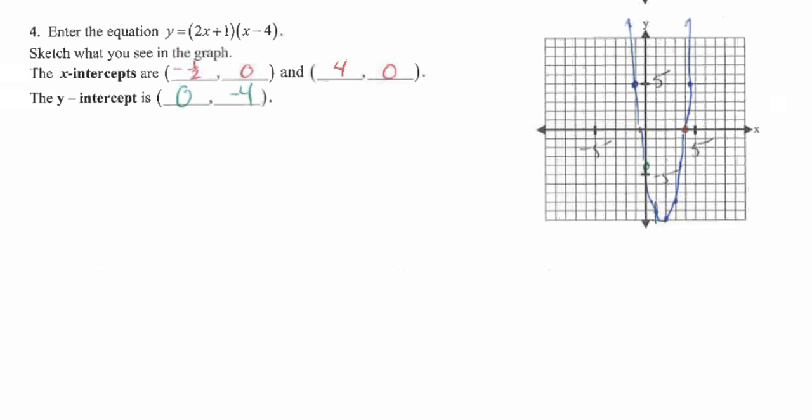So thinking about the parent function and these new 4 functions, what's the connection between the factors in the equation and the x-intercepts you see on the graph? How can you use this to predict where the graph would cross the x-axis? So again, with our parent function, y equals x squared, we saw that we had the x-intercept at (0, 0).